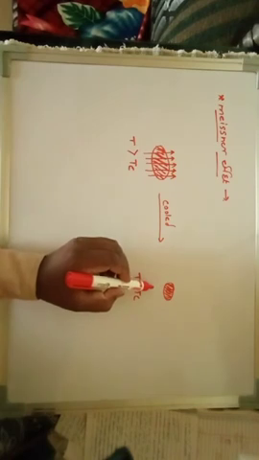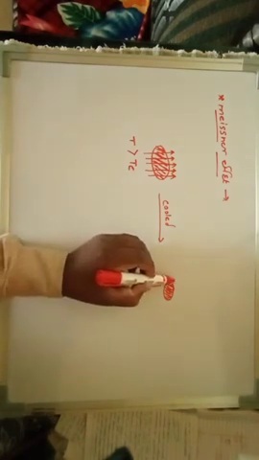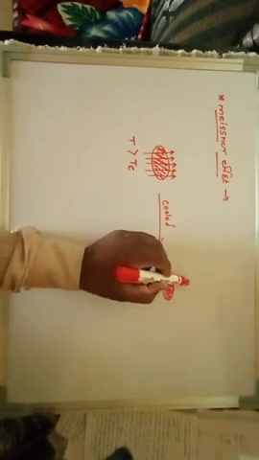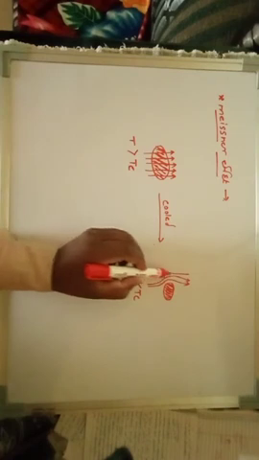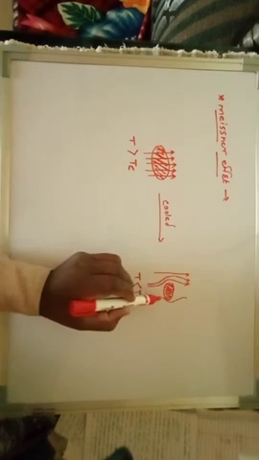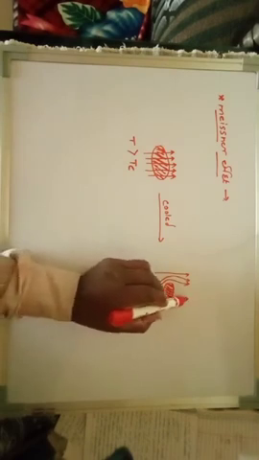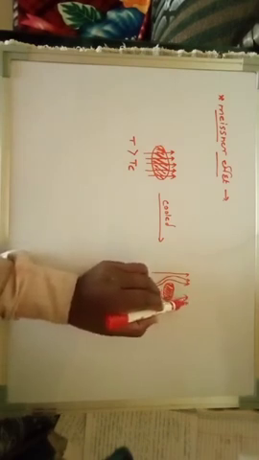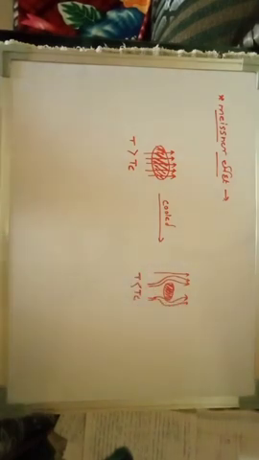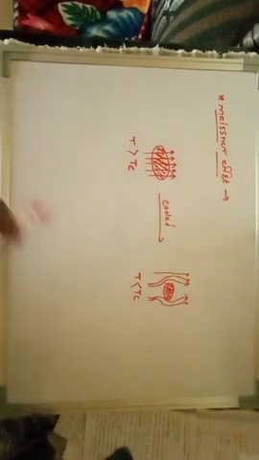So this is the effect. We get this kind of diagram for the superconducting material: the magnetic lines of force are expelled out.